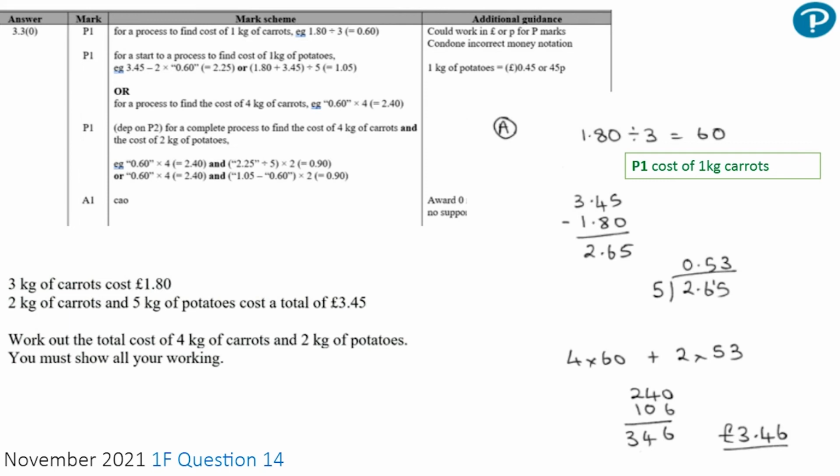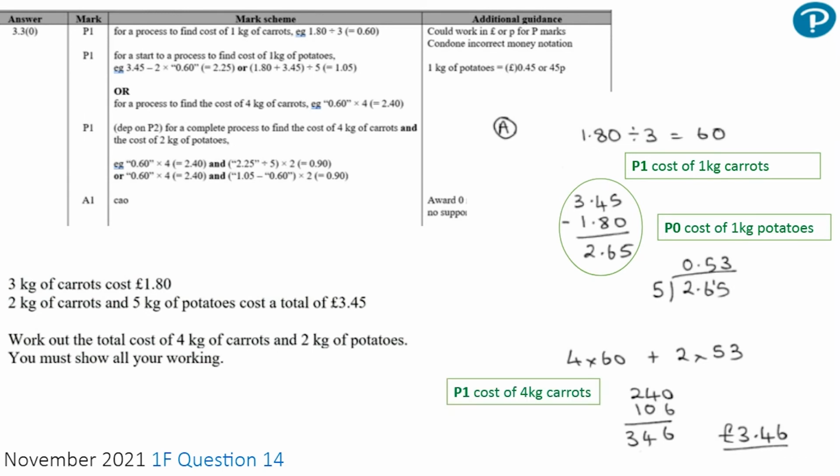The P0 here, 345, because they've only taken away the 1 kilo of potatoes. They can then get the cost of the 4 kilos. But that's the P1 that I've just clicked on there, the P1 cost of 4 kilo carrots.